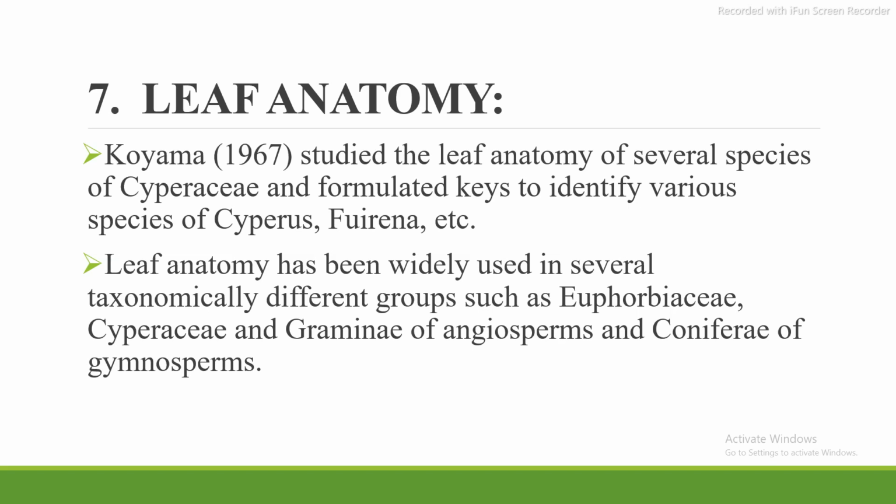Koyama, 1967, studied the leaf anatomy of several species of Cyperaceae and formulated keys to identify the various species of Cyperus and Fimbristylis, etc. Leaf anatomy has been widely used in several taxonomically different groups such as the Euphorbiaceae, Cyperaceae, Gramineae of angiosperms, and Coniferae of gymnosperms.